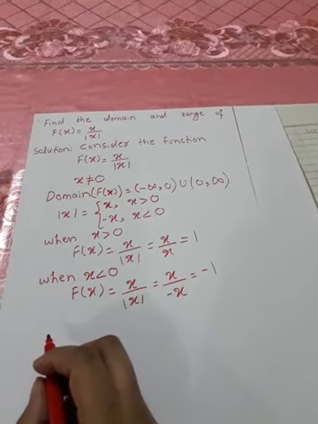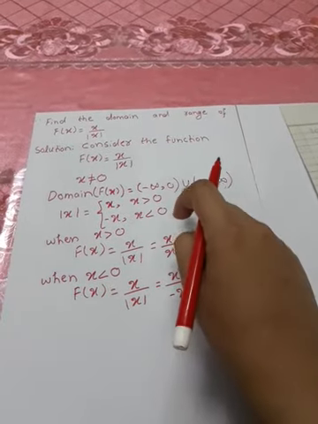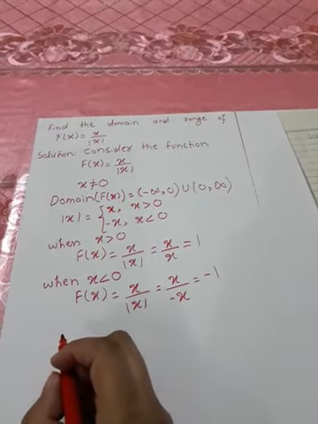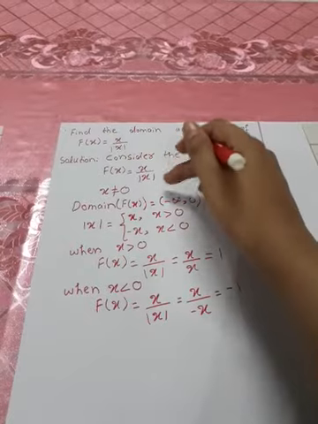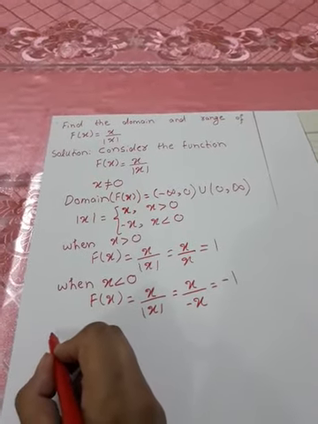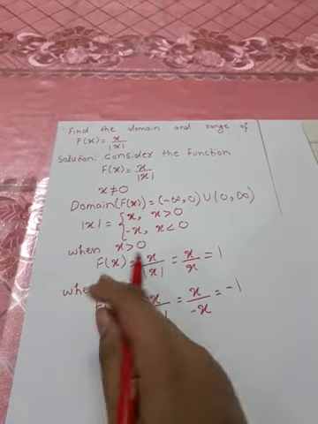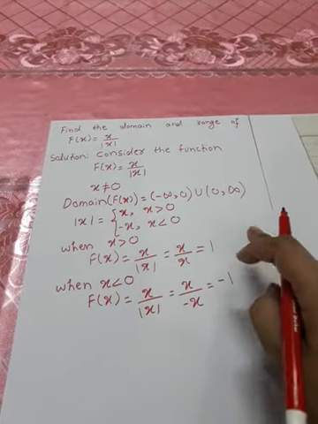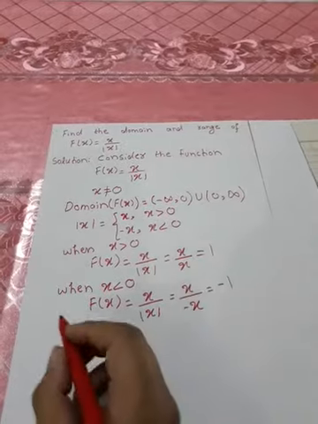And I don't need to consider x equal to 0 because it is not in the domain, and at that point I have 0 by 0 form. So output value can be 1 and output value can be minus 1.